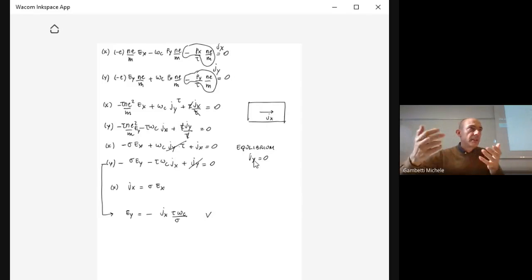So the larger the magnetic field, the larger will be the number of electrons deviated, as the magnetic field forces the electrons to move to the right side of the slab. So what they expected is that Ey was both proportional to B and proportional to Jx.